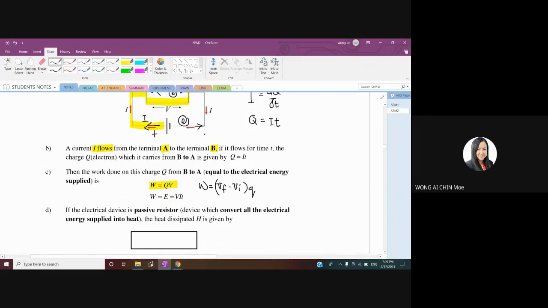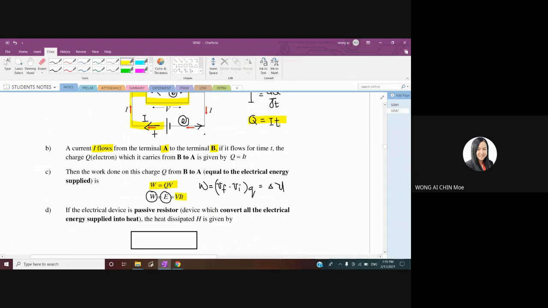So we can write our work done equals E, where E is the potential energy. Work done equals the change of potential energy, because VQ also equals potential energy. V still remains, and we substitute Q with IT, because Q equals IT just now.